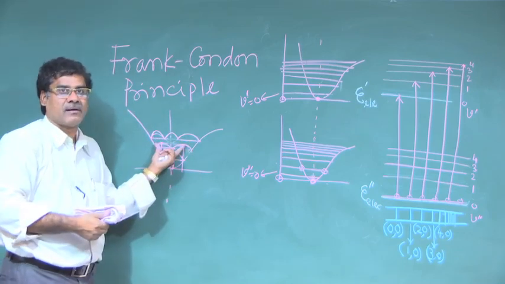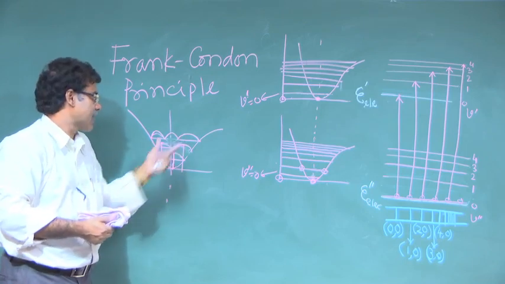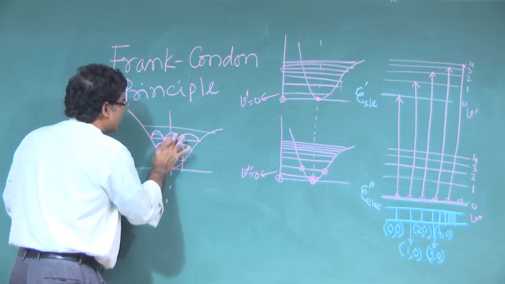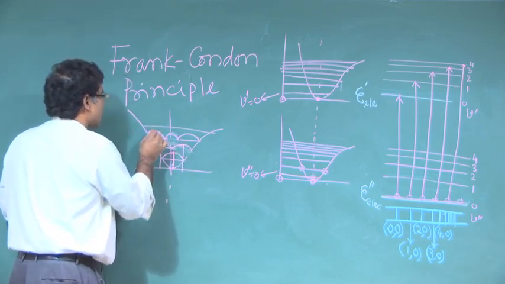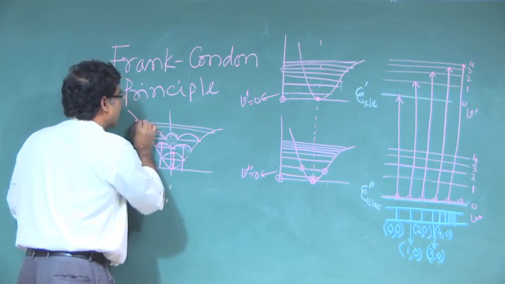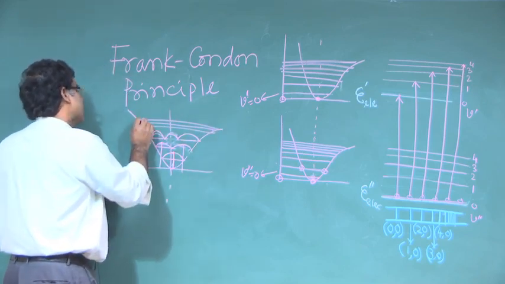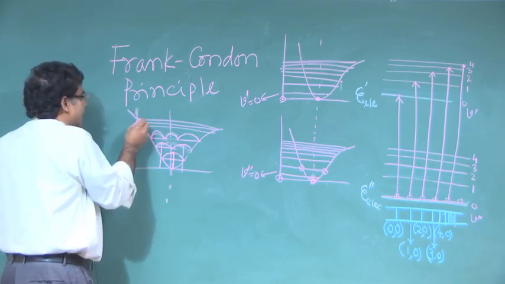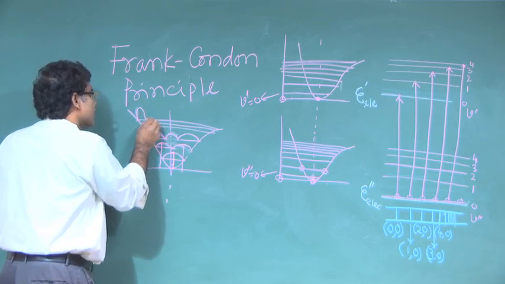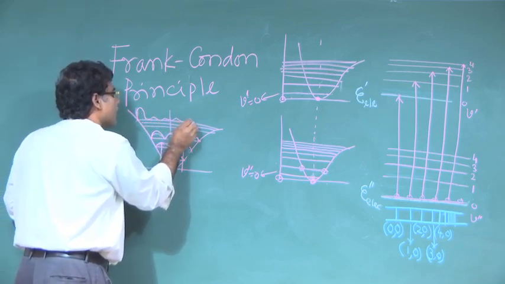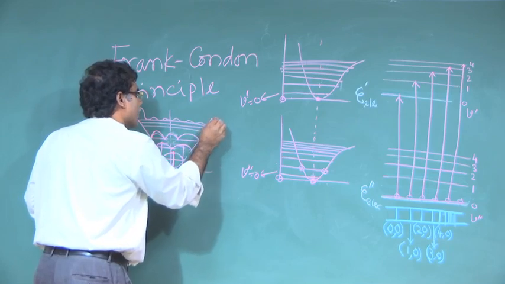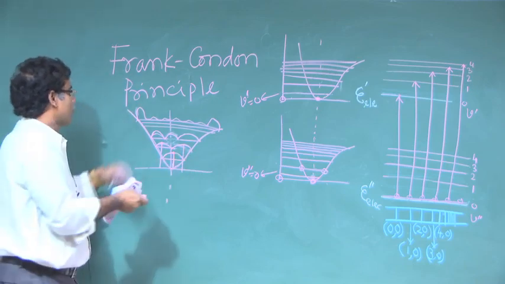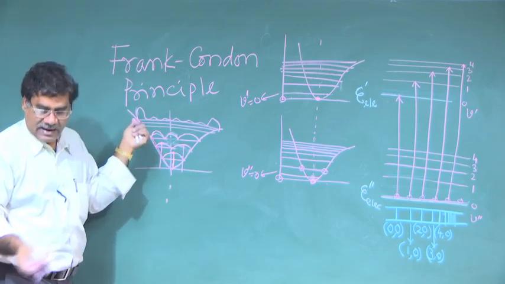If you go higher and higher in the vibrational level, you will see this probability shifting towards the edge. At the edge of this curve the probability will be maximum, and that's the classical picture.